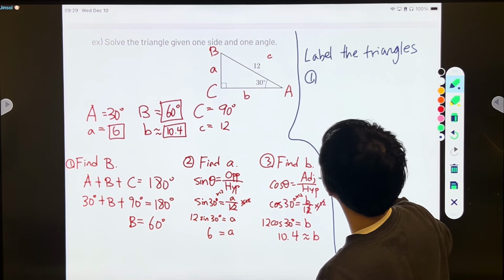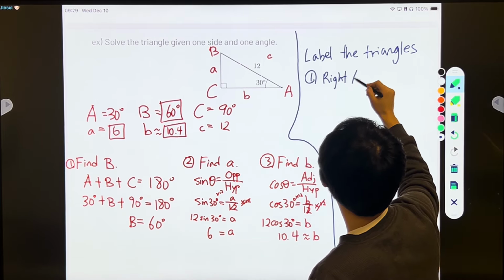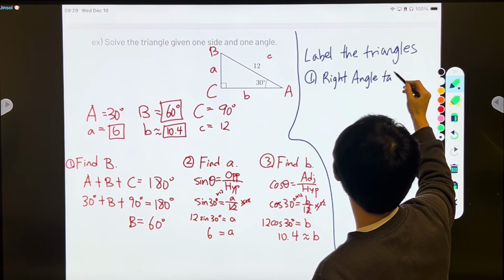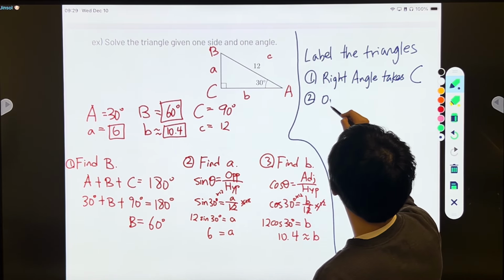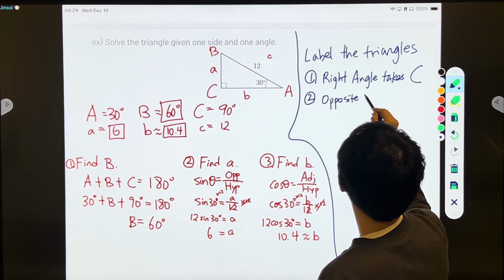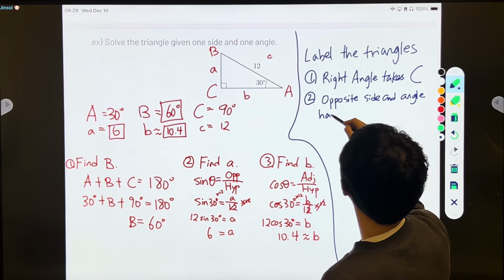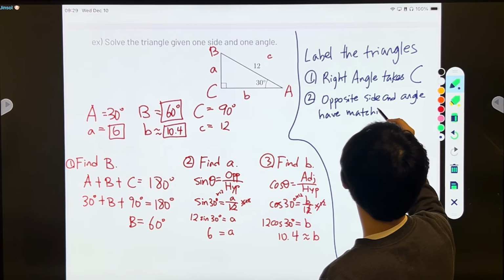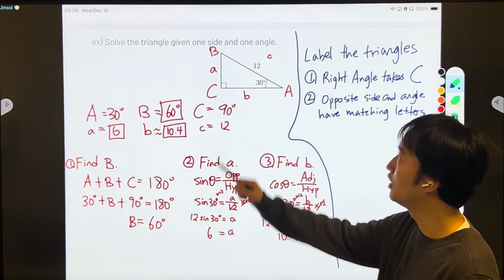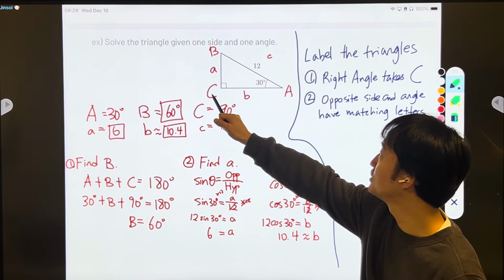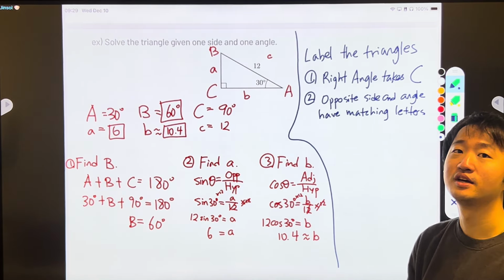When we're labeling the triangles, first we want to make sure that the right angle takes the uppercase C, and opposite side and angle have matching letters. So using these two rules, the right angle takes C, and the opposite of the right angle takes the lowercase c. And all the other angles and all the other sides also follow the same rule.